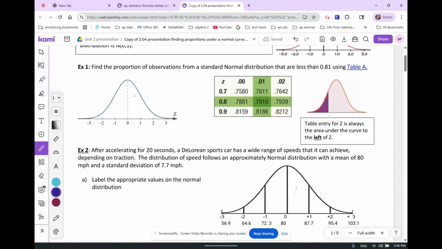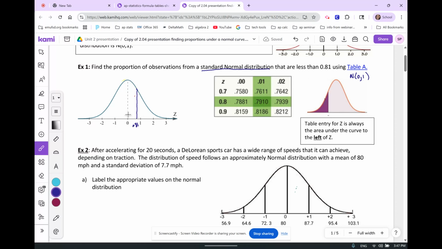The best way of understanding how this works is by doing a problem. We want to find the proportion of observations from a standard normal model, which tells us it's been standardized and the mean is 0 and the standard deviation is 1, that are less than 0.81. For your work, even with a calculator, you're always going to have to draw a bell curve or normal curve with proper shading.